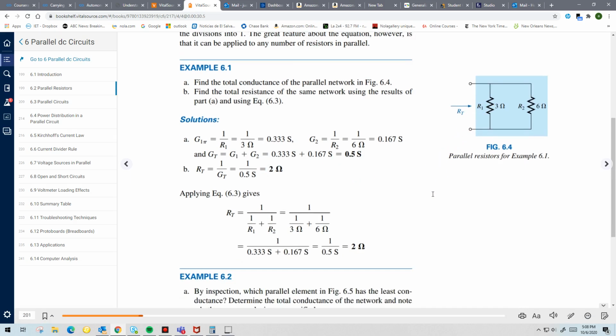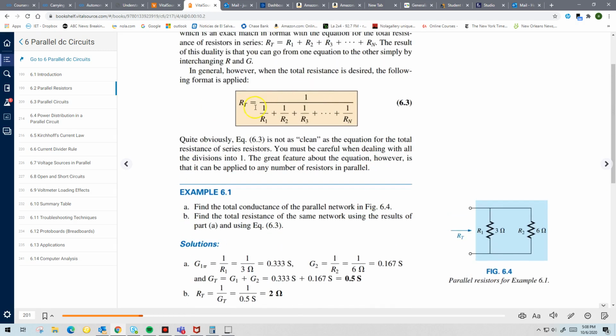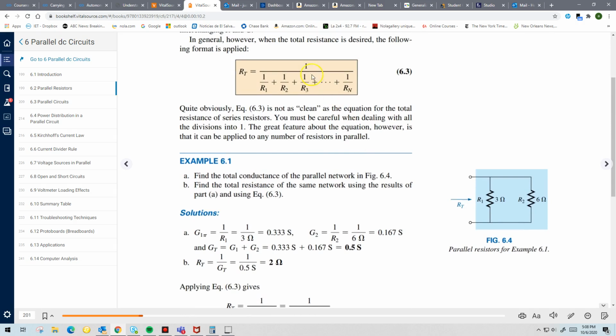Now, we could also find the total resistance directly by using this equation if we wanted to. Okay? So what we'll have to do is, in this equation, we'll first take the reciprocal of R1, if you look in the denominator, add it to the reciprocal of R2, and then take the reciprocal of the result. Right?